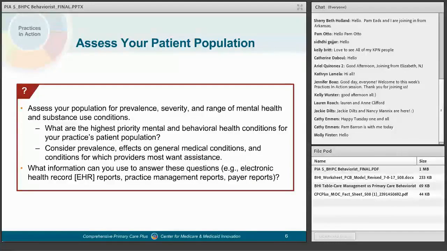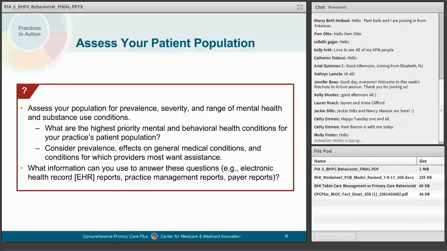Knowing the key differences between the two models allows you to begin to assess your practice to help decide which model is right for you. A great place to start is to assess your patient population to determine the overarching needs of your unique patients.